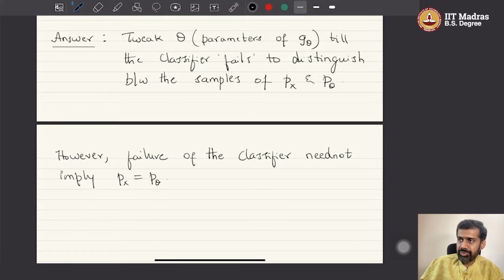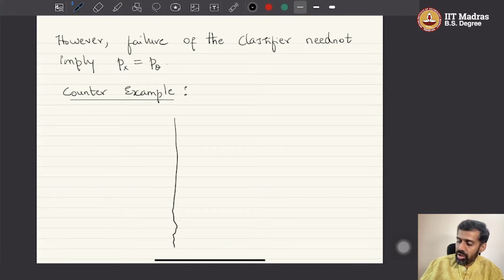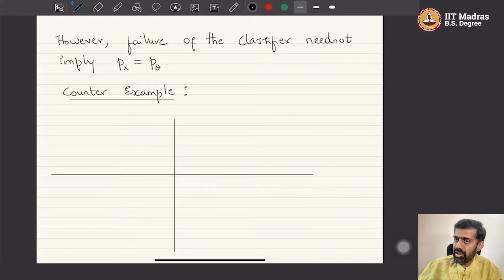So why is that? Let me just show you a pictorial example. Let's take a counter example to show this. Okay, let's look at a counter example. So let's say that our data is in 2 dimensions, okay, this is for ease of understanding. So this is the space in which the data lies, and let's say the data is distributed this way.